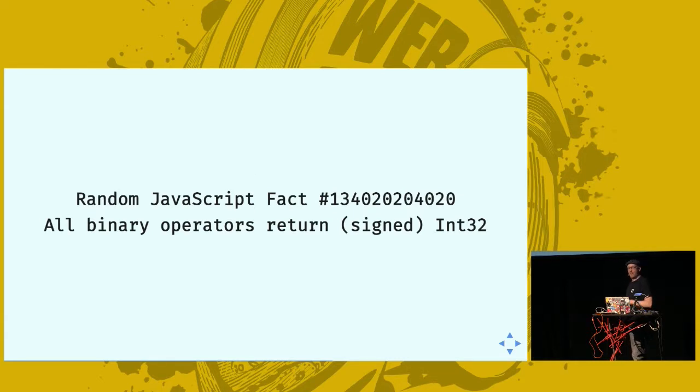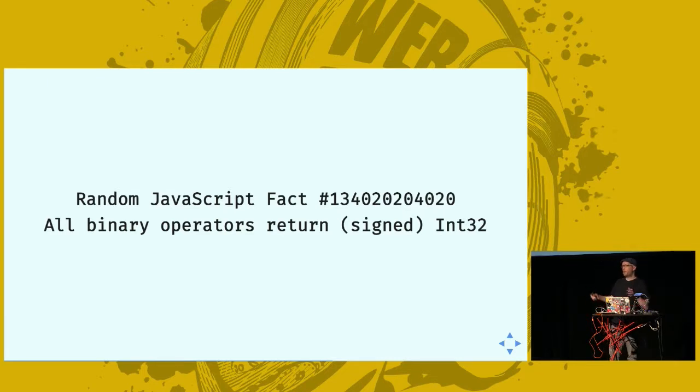So random JavaScript fact, all binary operators in JavaScript return signed integer 32 values. You can't do anything about that. That's just the way they work. So if you do a binary or you do a bit shift, or anything like that, you end up with a signed integer 32.